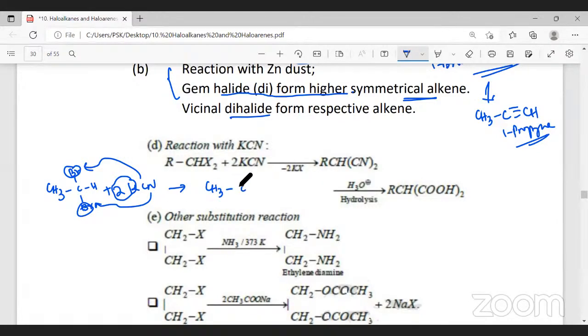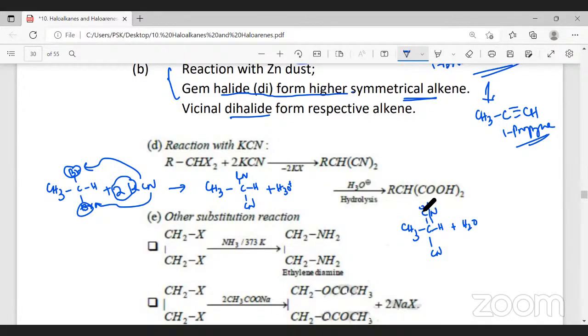You get CH3, CH, CN, and CN. This, on hydrolysis in the presence of an acid, what happens, I will write this reaction here. Please try to understand. Because of lack of space, I write like this, CN. The bond between carbon and nitrogen breaks.